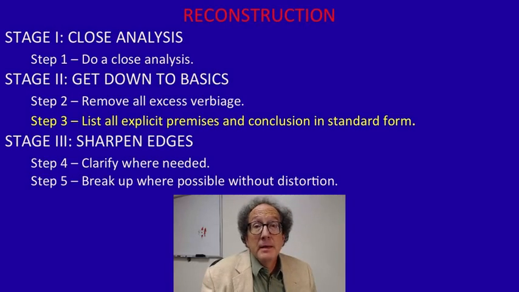The next step is to take all the parts that weren't crossed out, they're going to be the explicit premises and conclusion in the argument, and put them into standard form. And if you think about this paragraph, there are really two arguments, because at the start, what Redford tries to do is to state what the BLM's argument was to begin with, and then he gives his own argument against what the BLM says.